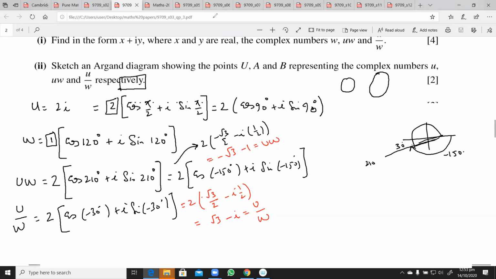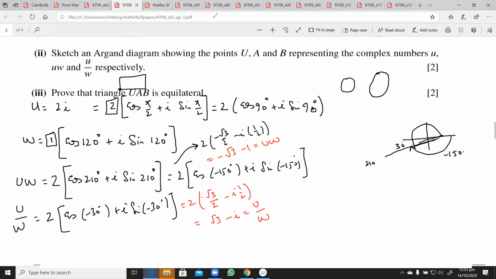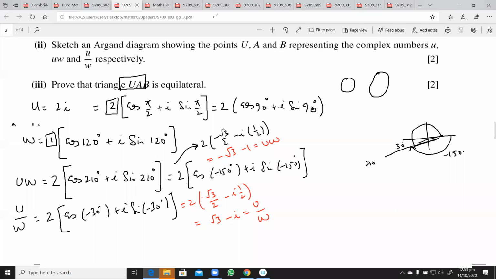It says, sketch an Argand diagram showing the points U, A, and B representing the complex numbers u, w, and u over w. Okay, so we have all these three numbers here with us. So let me make some space here. I have to sketch an Argand diagram.